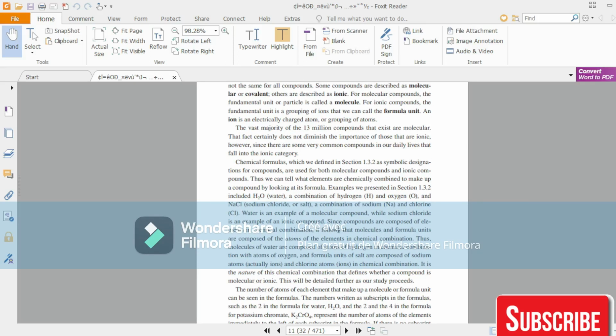Since compounds are composed of elements in chemical combination, it follows that molecules and formula units are composed of the atoms of the elements in chemical combination.